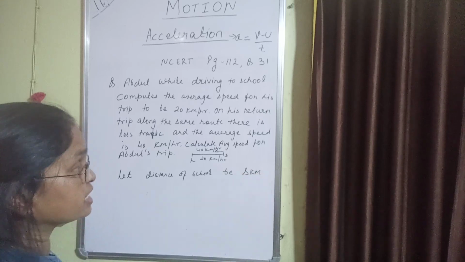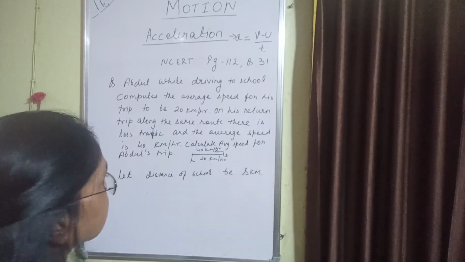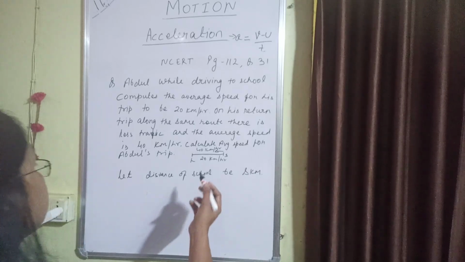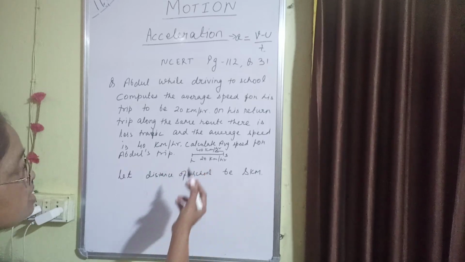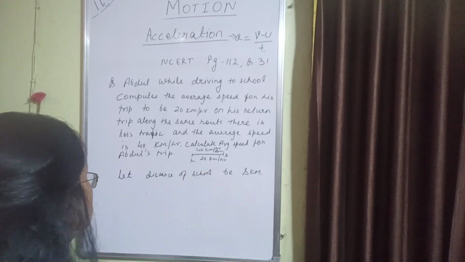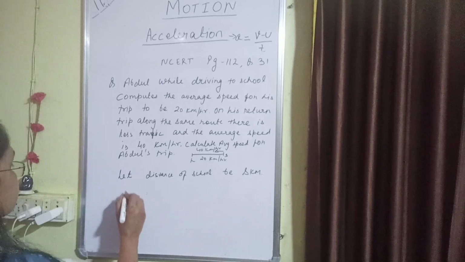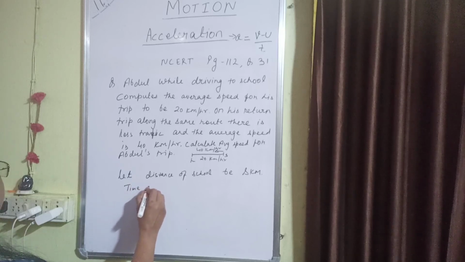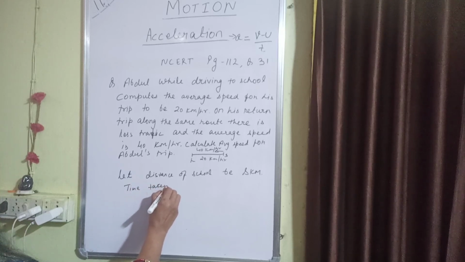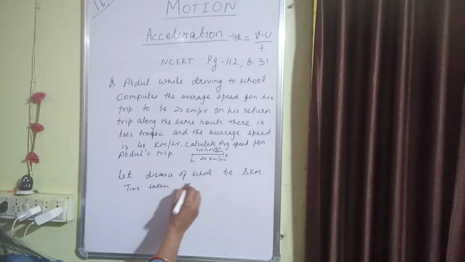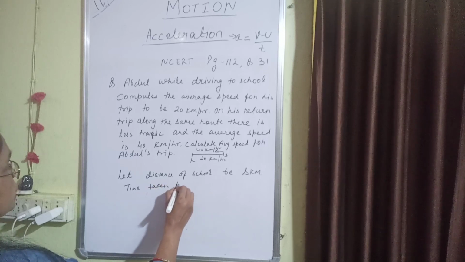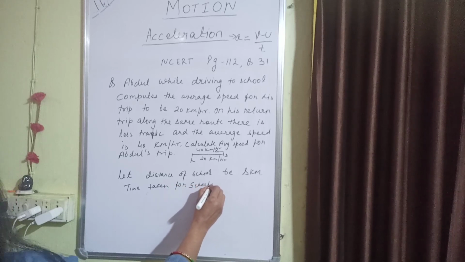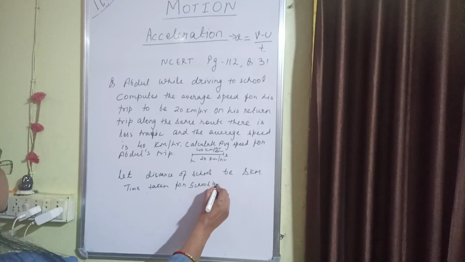You can take X kilometer also, but here I am taking S kilometer. So now we have the average speed and a distance. Now we have to take out the time from the average speed. Time taken to drive to school, I am writing as T1.